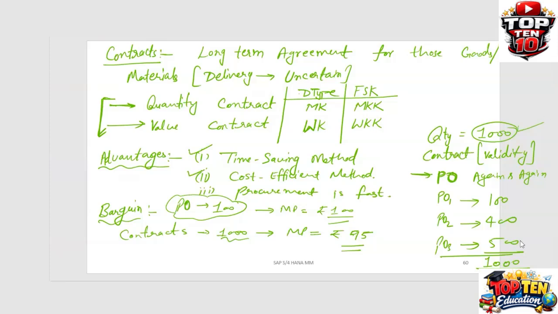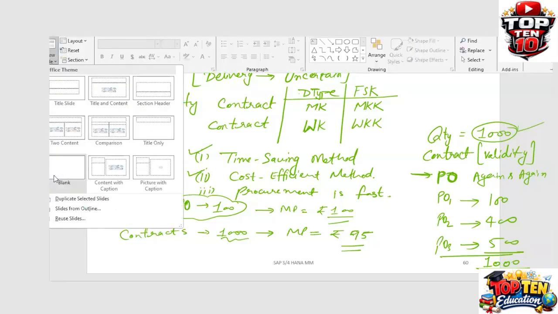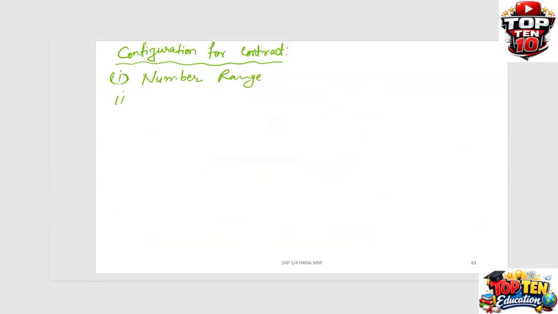Now, do one thing. First, we will do the configuration part. In configuration, what can we do? Configuration for the contract. Number first, we can create number A. Number second, we can do the field selection key.